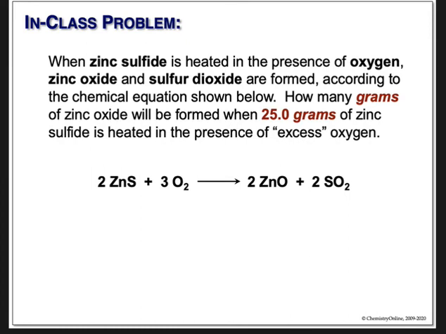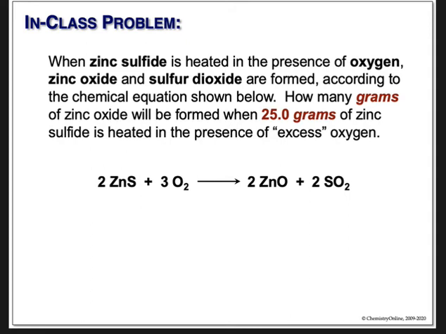So let's look at zinc sulfide reacting with oxygen to give zinc oxide and SO2. It's balanced. We're looking to see how many grams of zinc oxide, so that's this guy, from 25 grams of zinc sulfide, that's this guy. This is going to be in our denominator.